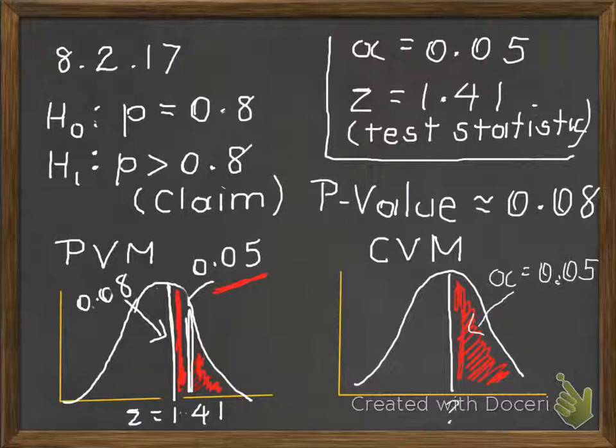So there's a greater probability of rejecting the null hypothesis, assuming the null hypothesis were true. So we do not have enough reason to reject the null hypothesis and support the claim.